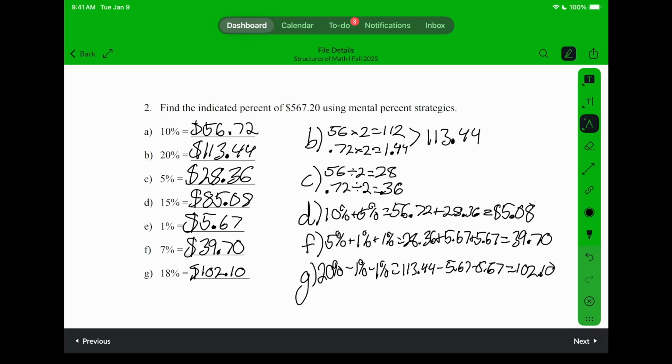If you were feeling a little weird, you could do some 10% plus 1%. I don't know why you would do that, but you could. There's all different combinations. Any mental percent strategies that work for you, go for it. These are what worked for me. These are what I found easy, by using the least amount of numbers.